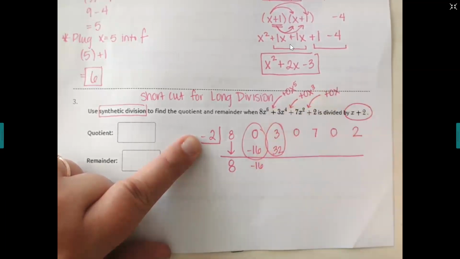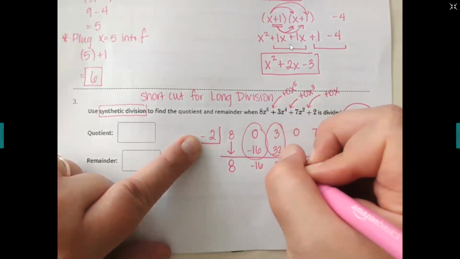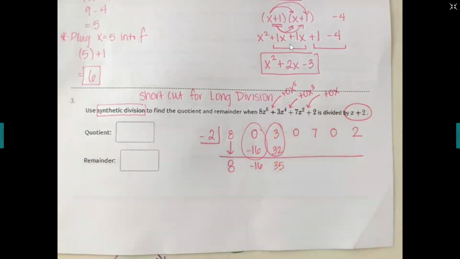And then remember you're adding, so 3 plus 32 would be 35. And then et cetera, et cetera. If you want to write down, your remainder should be 590. So the numbers get kind of out of control, but I didn't write the question. Blame RIS.